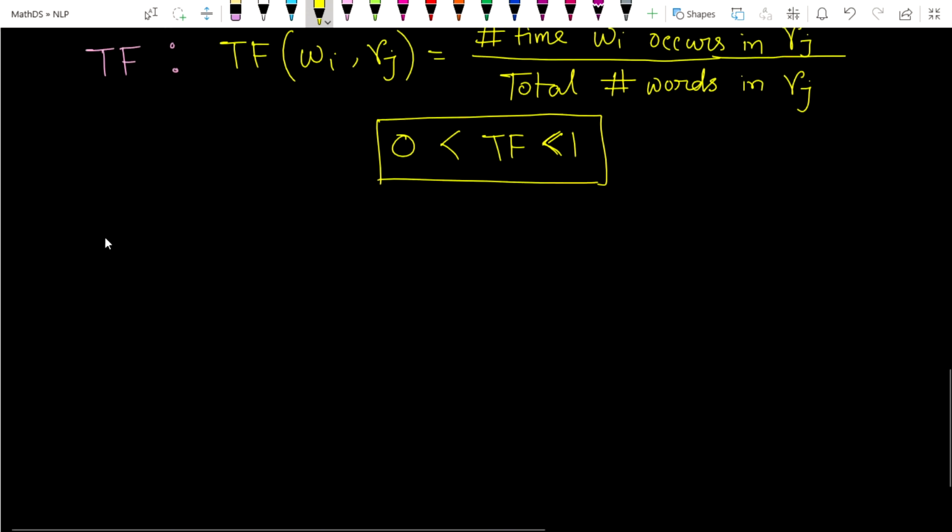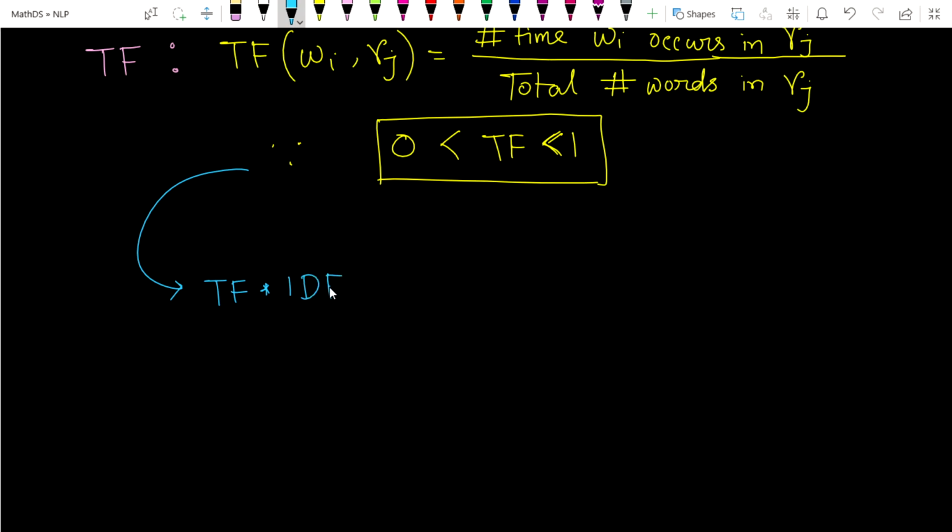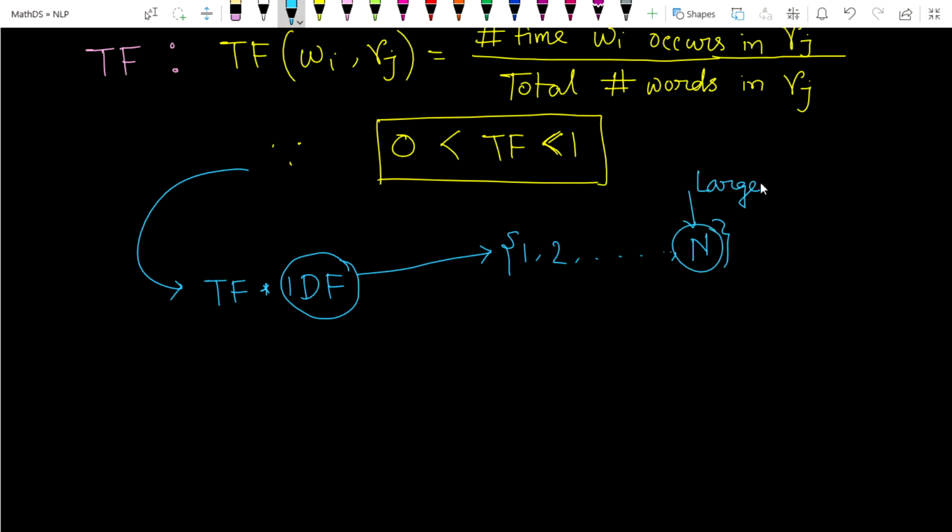Since term frequency lies in this small range, consider the multiplication of TF into IDF. The value of the IDF will lie like 1, 2, up to capital N, the number of documents, which is a large number.